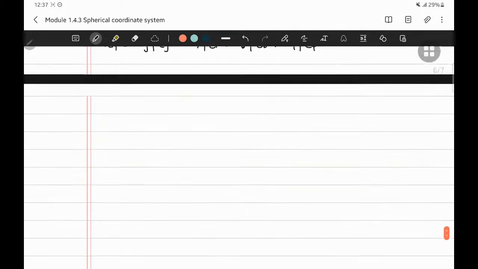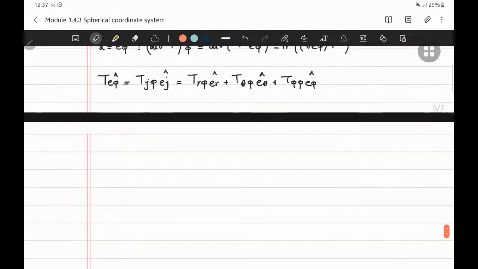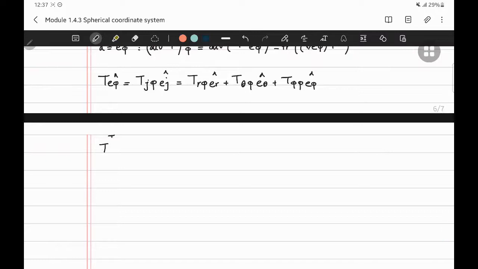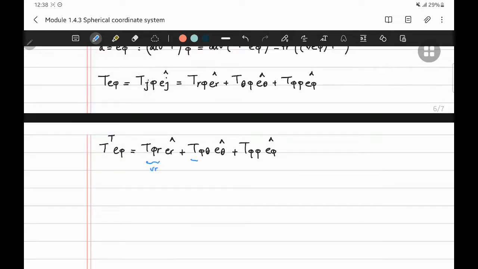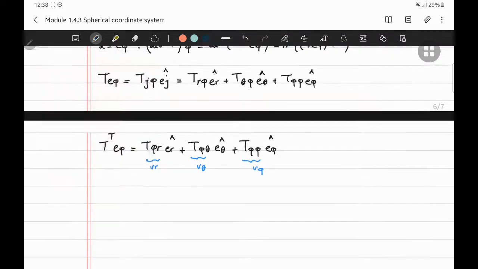And then we have the T transpose E phi is equal to T_phi R E_R plus T_phi theta E theta plus T_phi phi E phi. And this is, of course, V_R, V theta, and this is V phi. All right.